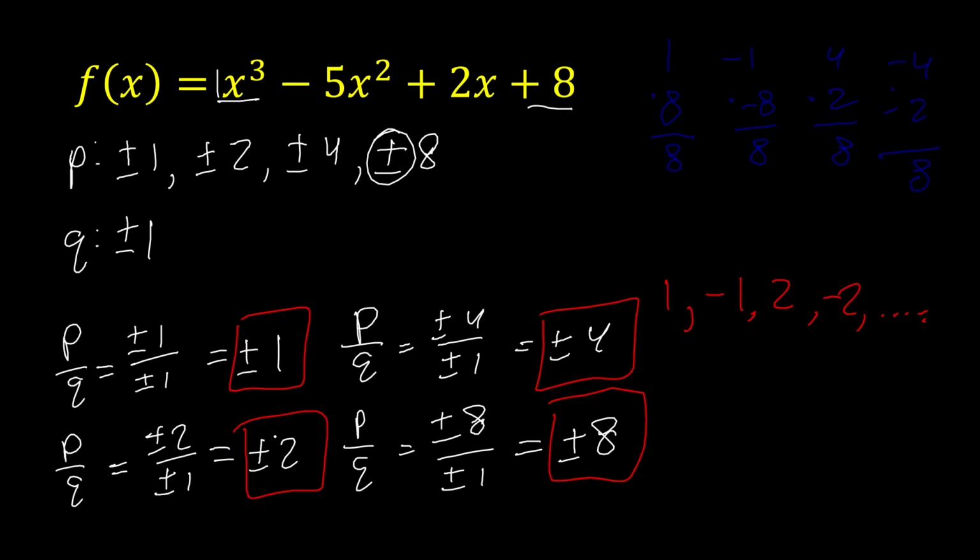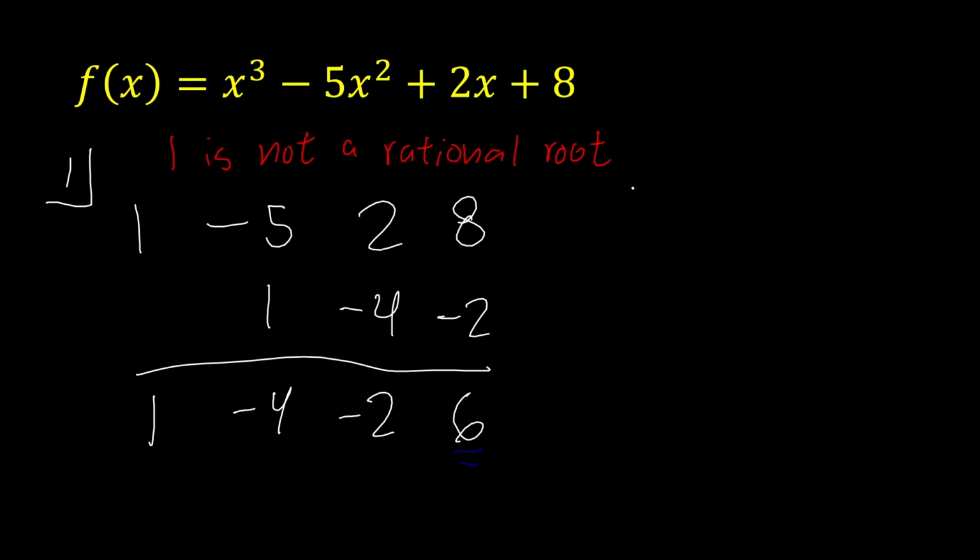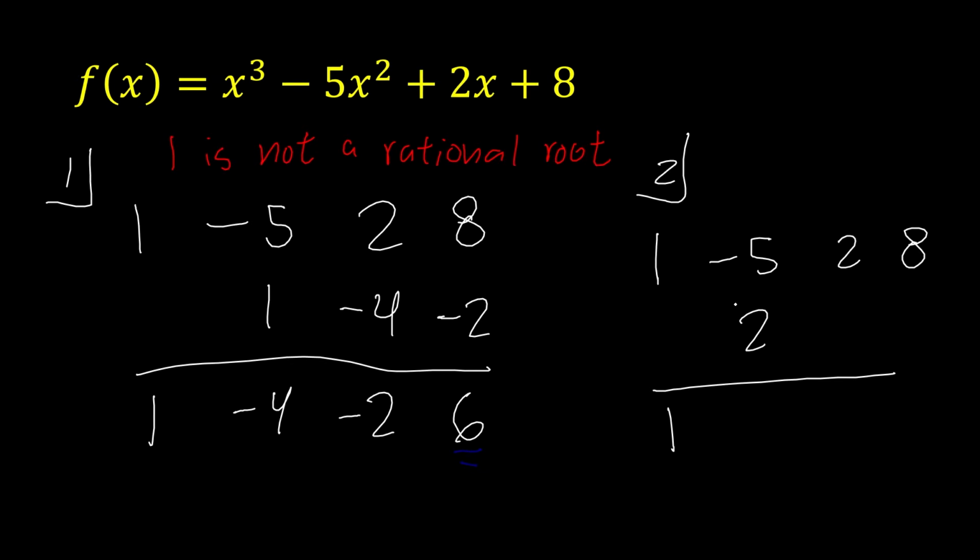So we can try to use positive 2. We just do the same process, but with 2 as the divisor. As you can see here, 8 minus 8 is equal to 0.